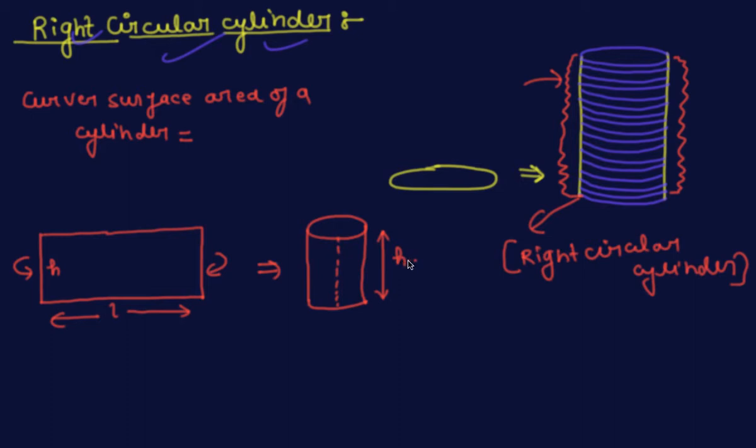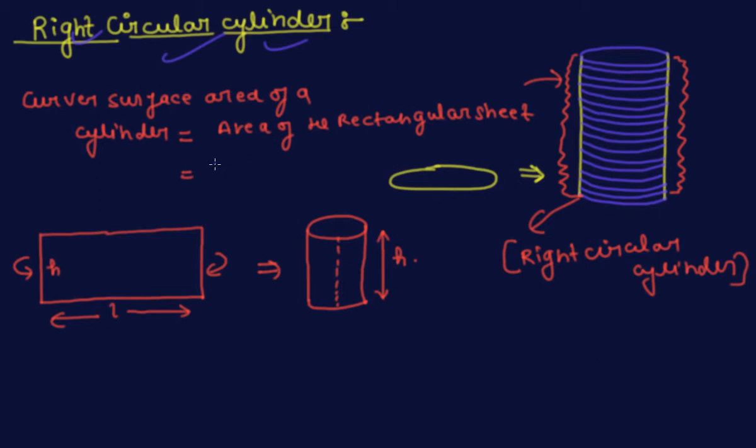So the curved surface area of a cylinder is basically the area of this rectangular sheet.